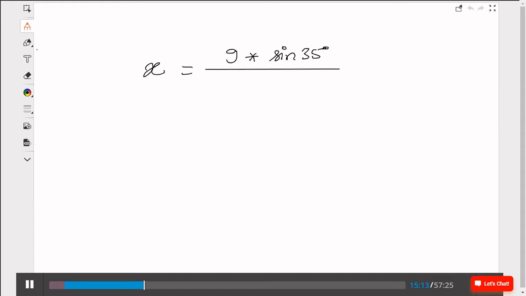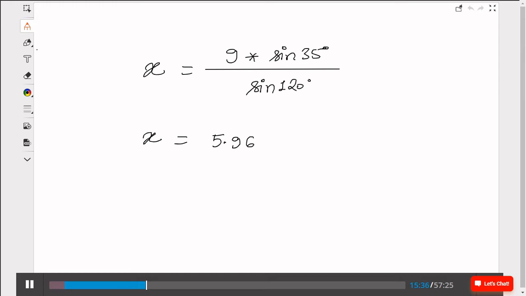You can use the calculator now to get its value. One second. It gives you 5.96 approximately. You can also round it off if you want. So it will be approximately 6 if you just round it off.